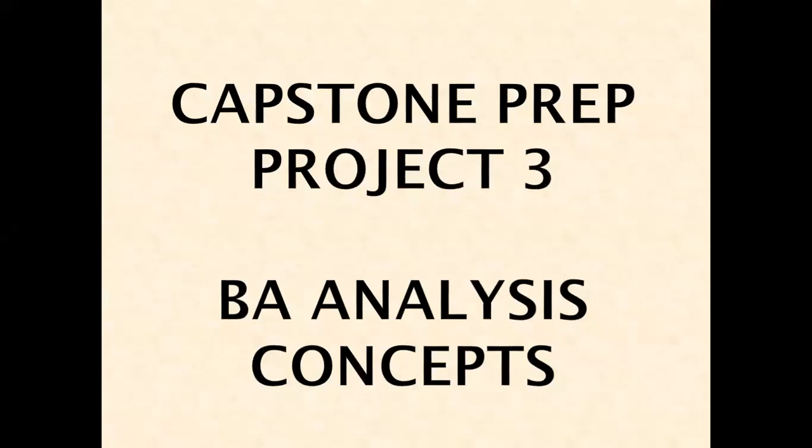Today, we are going to cover Capstone Project 3, which covers all the BA concepts that are not covered under the waterfall and under the agile. These are certain generic concepts which are not a part of the waterfall and not a part of the agile. Clear? Here there is no case study given for all the questions.